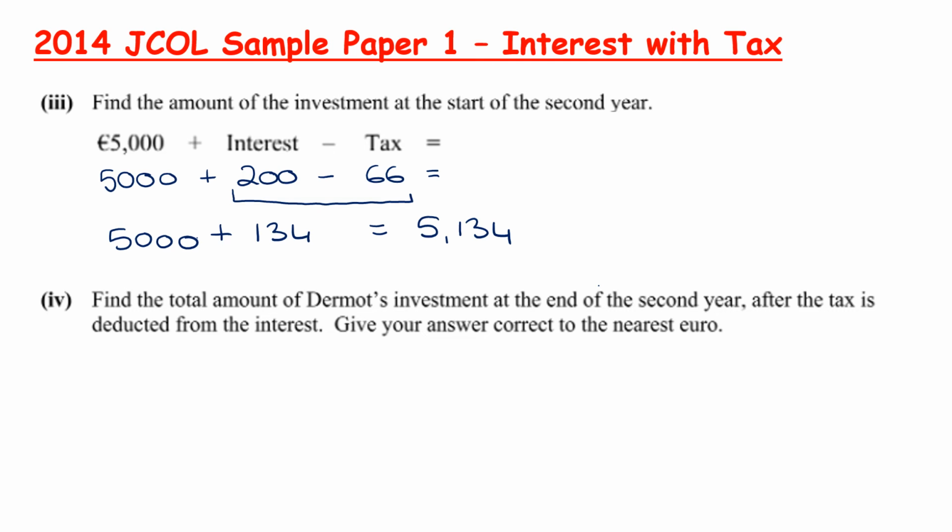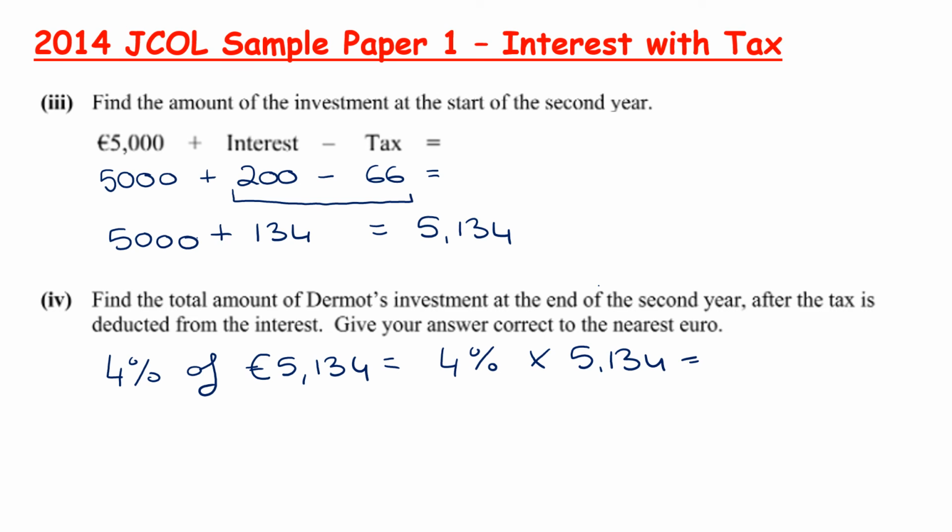So we need to figure out 4% of 5,134. Again, if you want to put that as decimal, that's perfect. And we end up with €205.36. And that's how much interest he gets before we tax it.